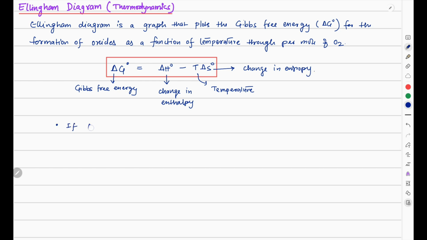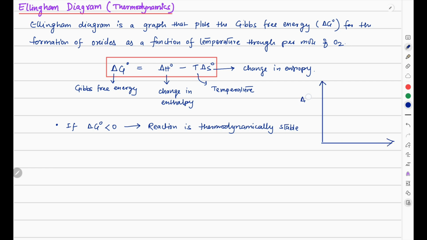If delta G naught is less than 0, then the reaction is said to be thermodynamically feasible. On the y axis we have delta G naught for the formation per mole of oxygen, and on the other side we have temperature.